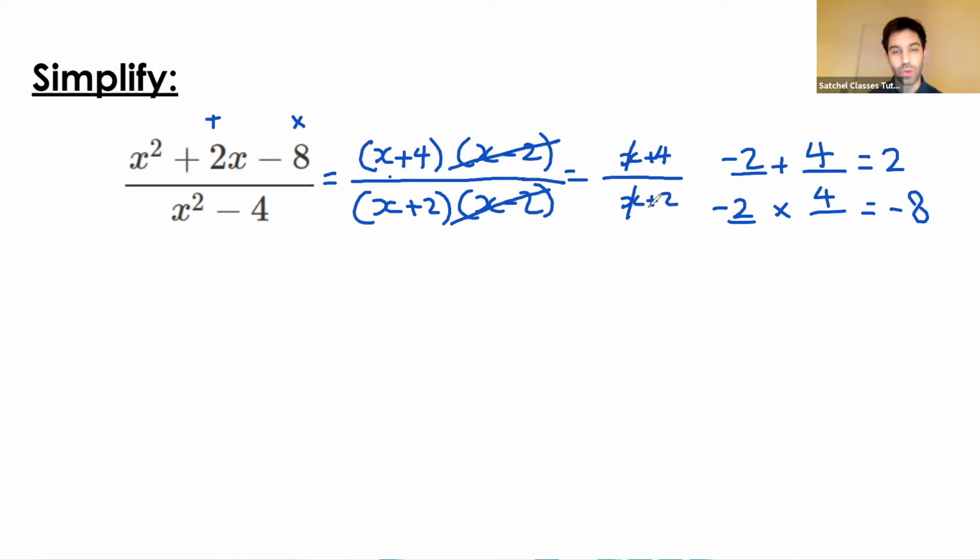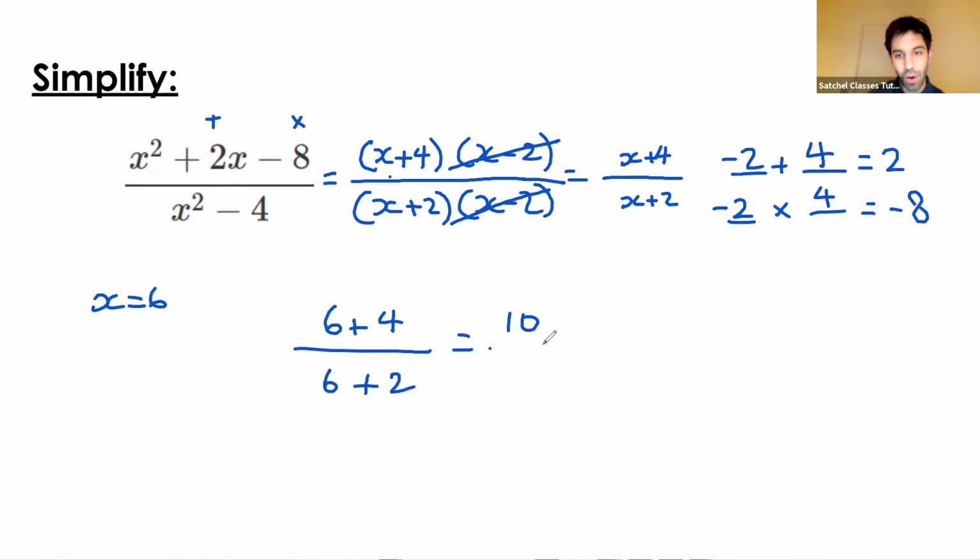And another way of thinking about this is if we give x a value, if we said x was, say, 6, so we would have, let's say, when x is equal to 6, 6 plus 4 over 6 plus 2. Well, this will be 10 over 8, which is going to be 5/4.